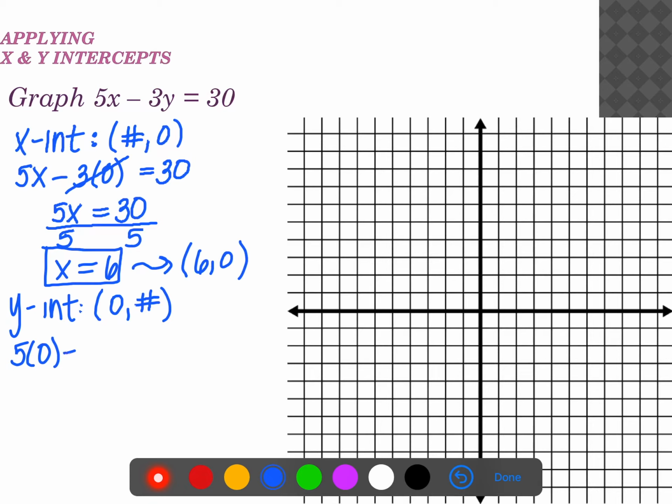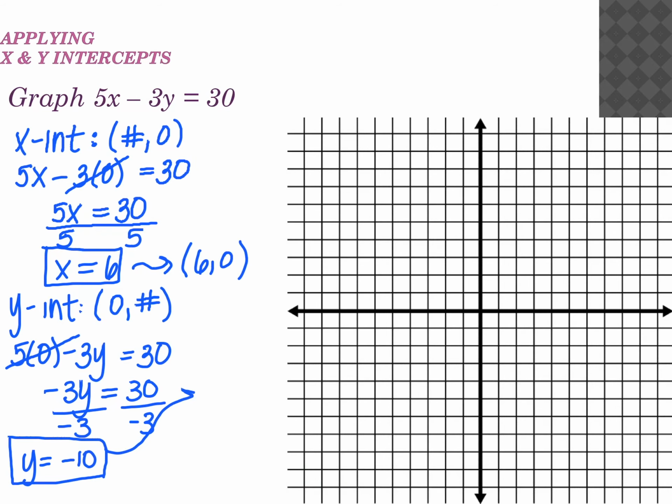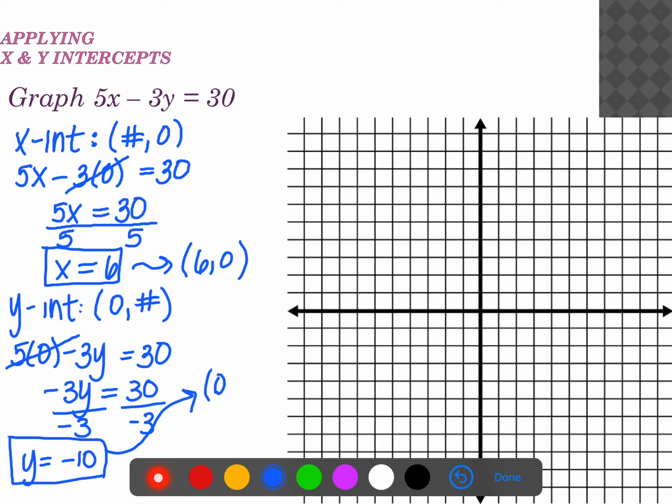We know it's always going to be a 0 on the y-intercept. When I do that, now it lets me cancel out that portion, and now I can solve for y. And I get y equals -10, but it's an ordered pair. It's 0, -10.